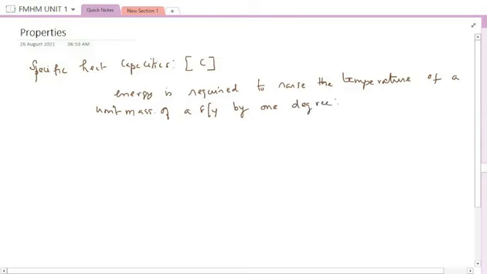Right? How much amount of energy is required to raise the temperature of a unit mass of a system by 1 degree, which is nothing but specific heat.